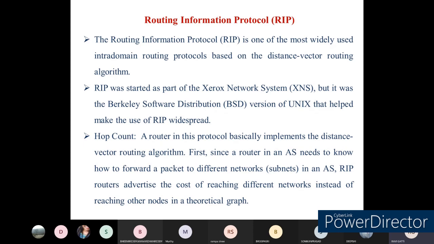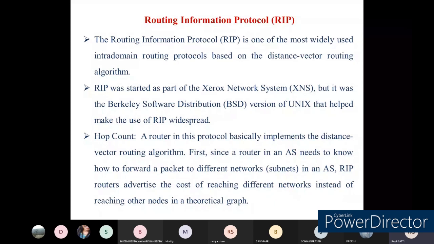Now we are going to see how this routing information protocol will transfer the data from source to destination. For that, first we need to see the hop count. What you mean by hop count is, let's say I have a source and destination.